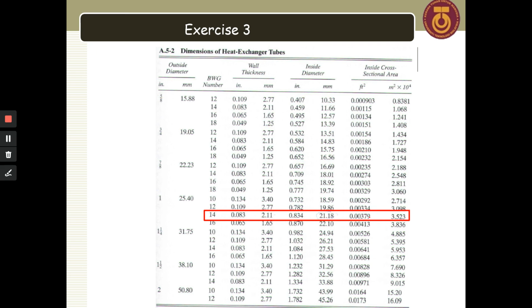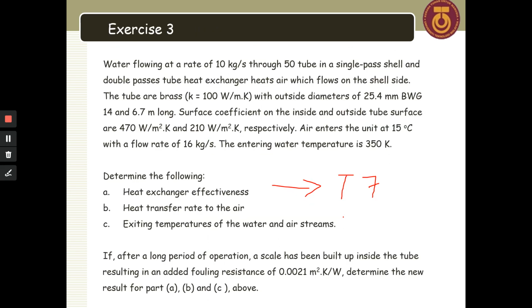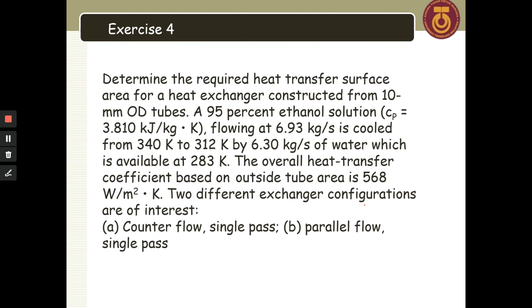Then 21.18 is the inside diameter for these tubes. How many tubes are there? There are only 50 tubes, while for tutorial 7 you have 200 tubes. So the steps are the same.